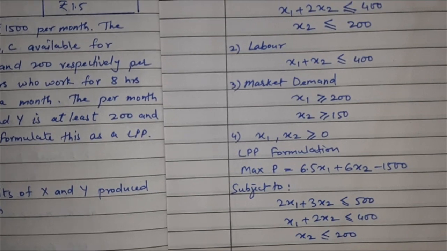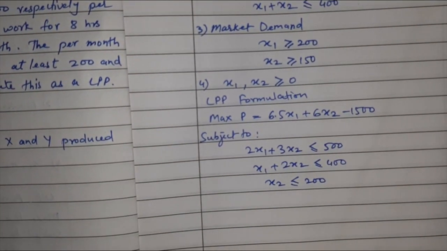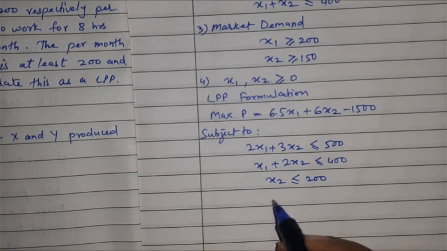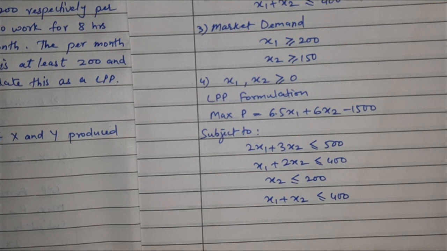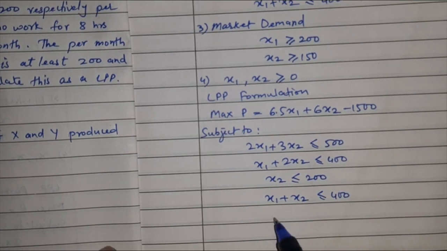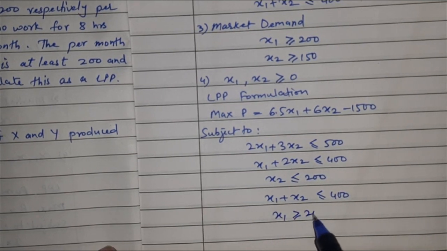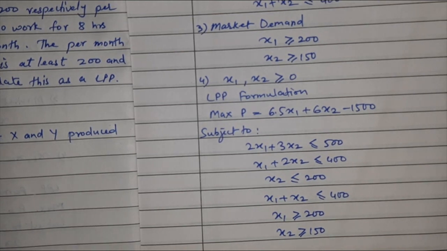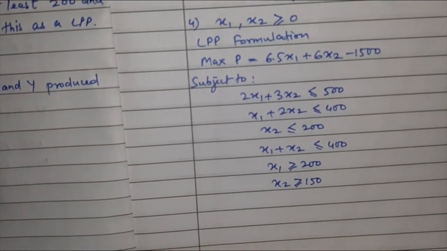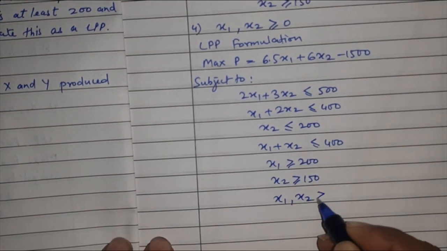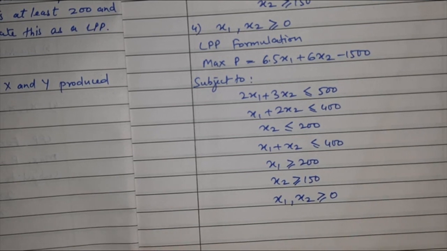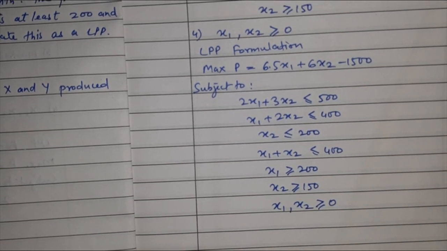This is my material constraint. Then is your labor constraint, x1 plus x2 less than equal to 400. Okay. The market constraint x1 greater than equal to 200, x2 greater than equal to 150, and your last non-negativity constraint x1, x2 should be greater than equal to 0. This completes my LPP model.